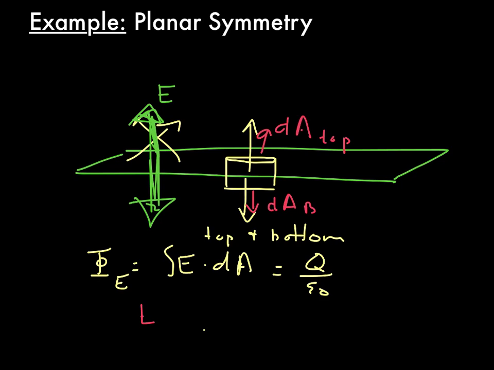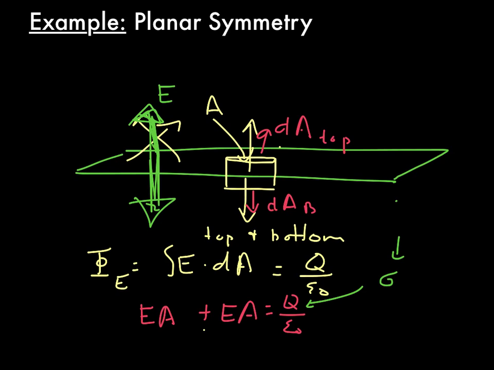So you get E. Let's make this, we'll call this area of this box, we'll call this area A. So it's EA plus EA equals Q over epsilon naught. We don't know total charge Q, but sometimes what you do know is a charge density. So this sigma would be coulombs per meter squared. It's an area charge density.